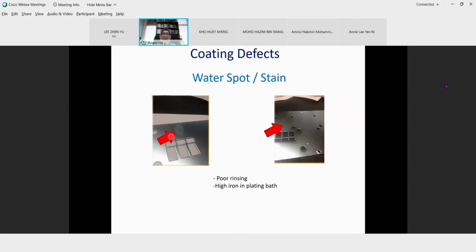You can see here the water spot. This might be caused because of poor rinsing. Sometimes customers are not happy with this, so they have to rework the process. This might also be due to high iron in the plating bars, but most of these defects are only for plating.